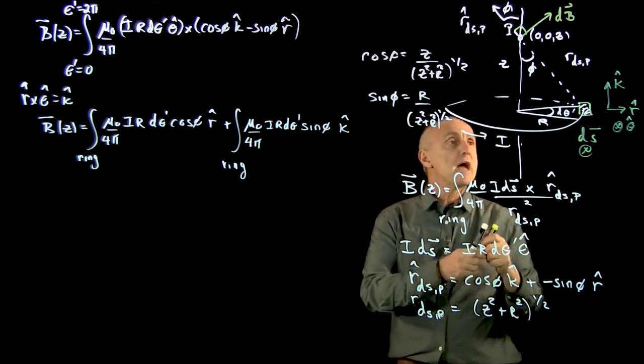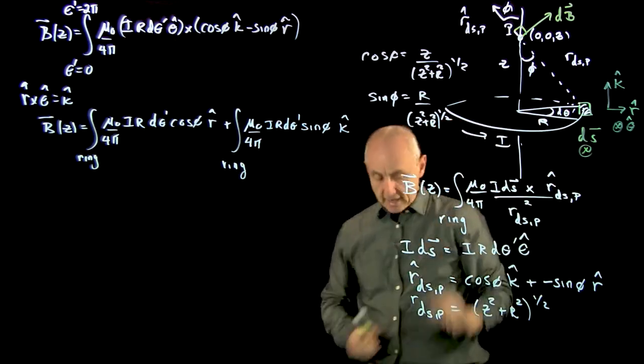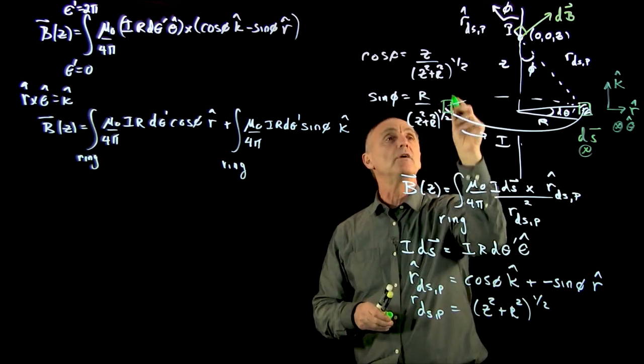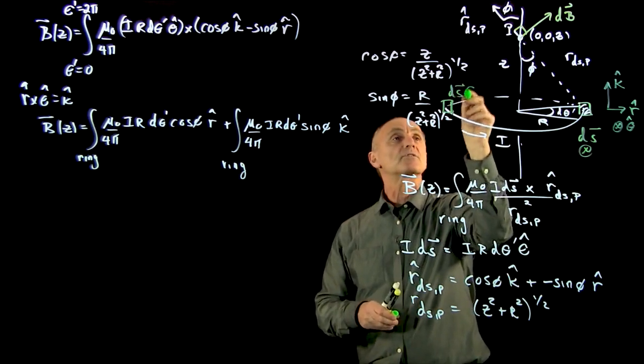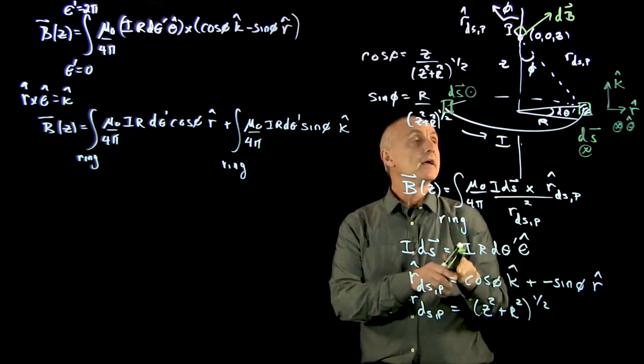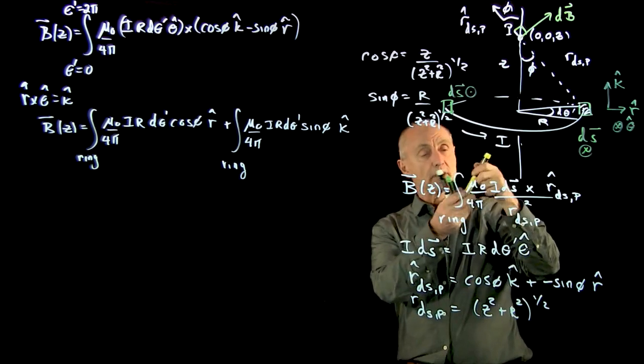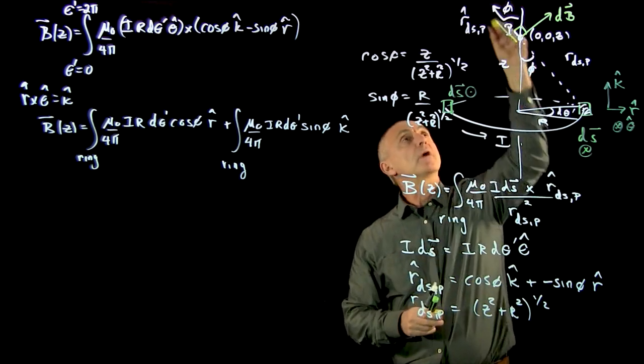But now, when I go around the ring, and for instance, if I picked another piece over here, where the ds is directed like that, what that will do is give us a dB that's pointing in the other direction.